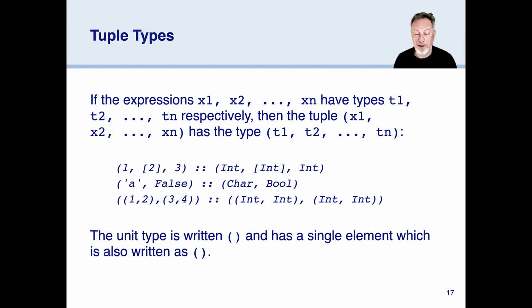Very cool as well, the same syntax, open, close, round parentheses, is the unit value, and its type is written the same way. Notice we can never get confused between types and values, because values appear only in expressions that are executed, and types only appear in type expressions.